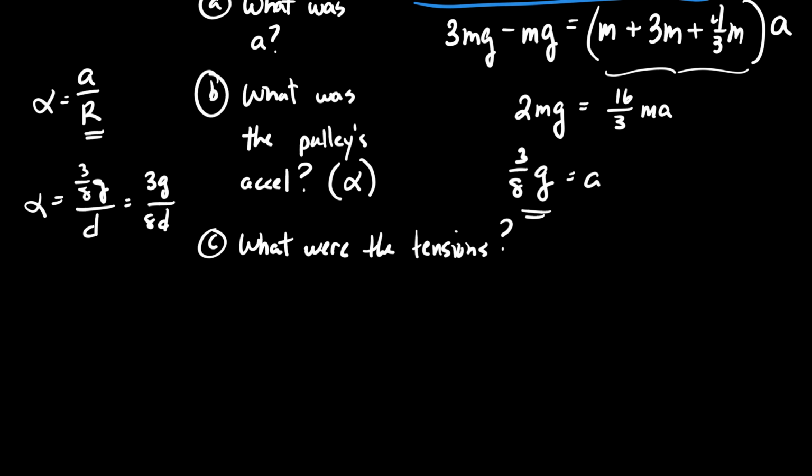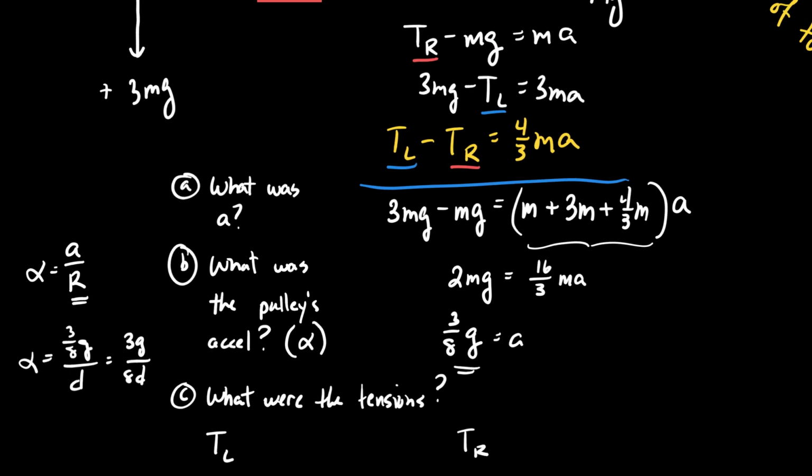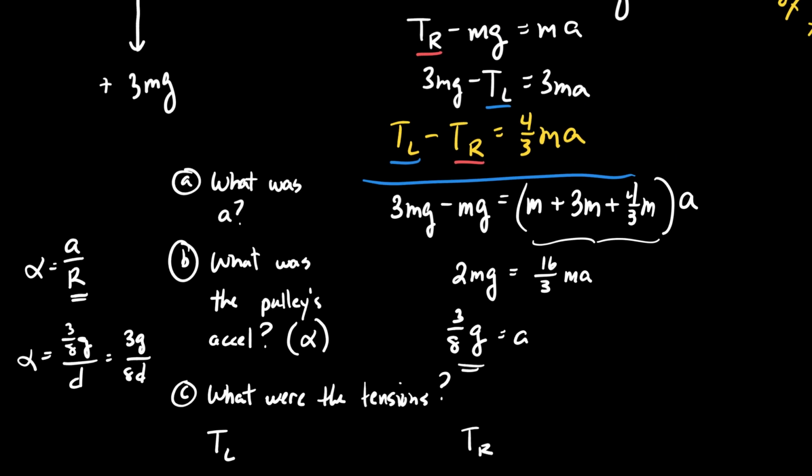Keep going? Because the next thing is what are the tensions, and we had two of them. Now, if you look back up at your notes, you probably have lots of places where you can see TRs and TLs. But there's probably one that's right to use and one that I wouldn't use. So if I wanted TL, I would probably use this relationship. And if I wanted TR, I'd probably use this relationship.